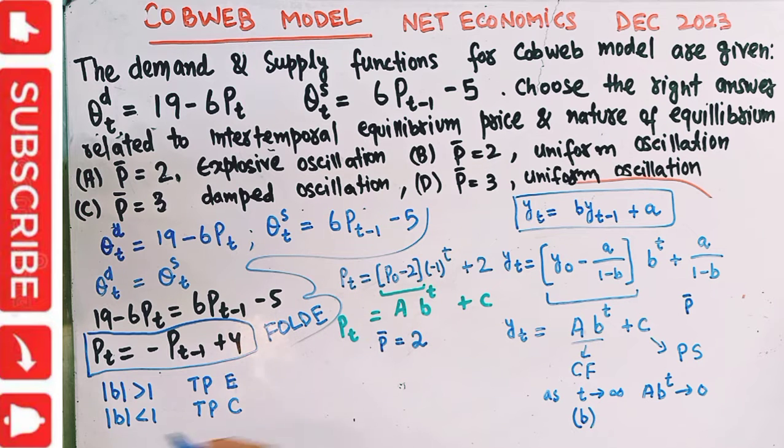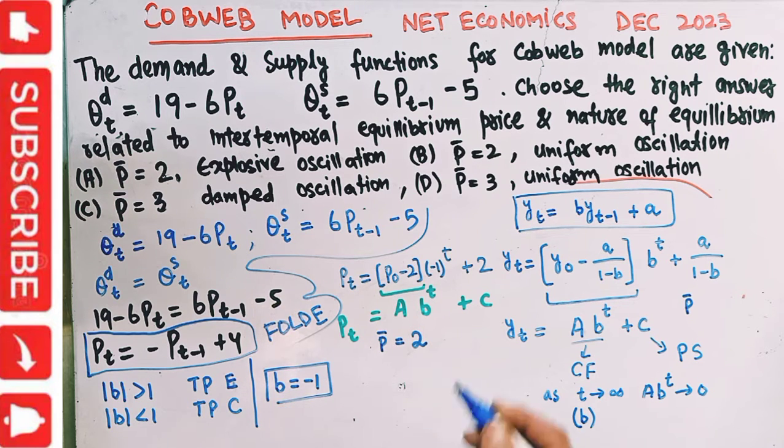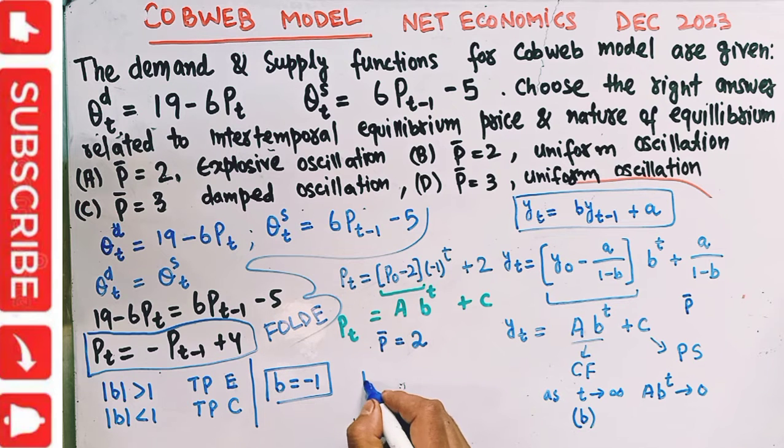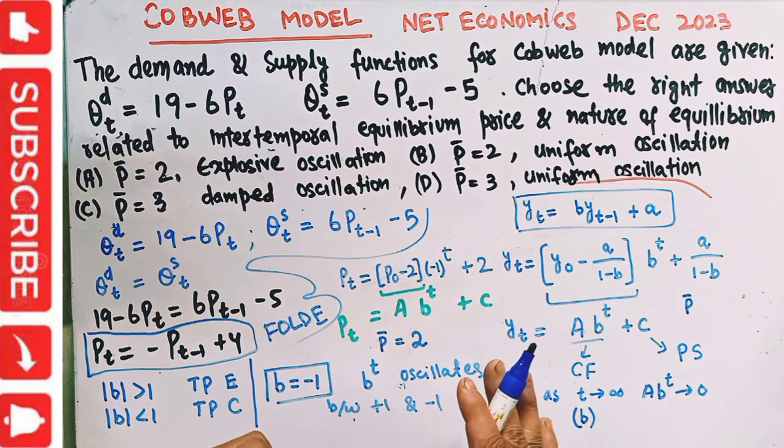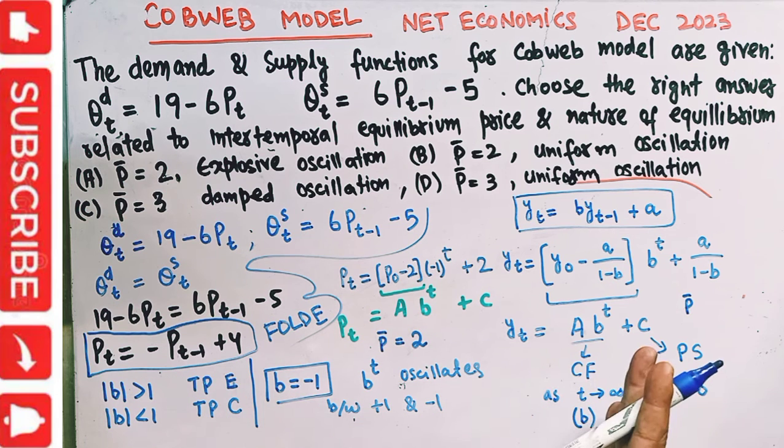Since we got the value of b is equal to -1, what happens then? When b is equal to -1, our b^t oscillates between +1 and -1. We will get uniform oscillation.